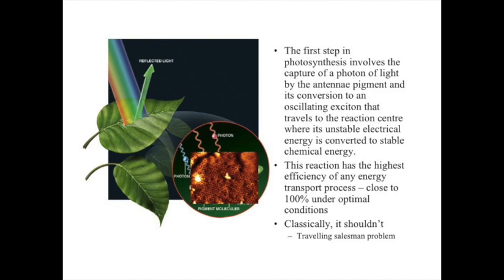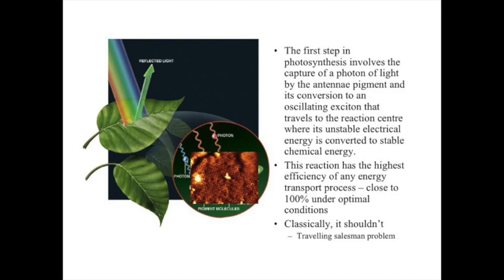But what is hard to understand is that this energy transfer reaction is extraordinarily efficient. It's nearly 100%, as close as you can measure to 100% under optimal conditions. So under optimal conditions, all of the energy of every photon gets transferred to the reaction center, where that energy is then used to fix carbon dioxide and make the plant.